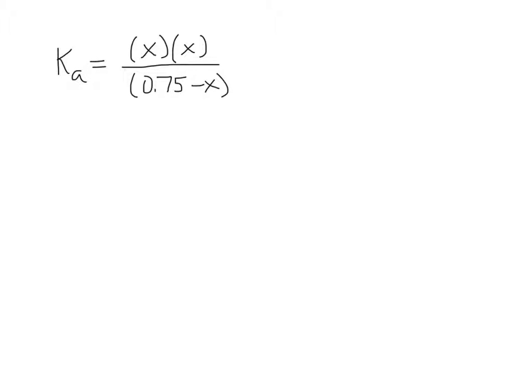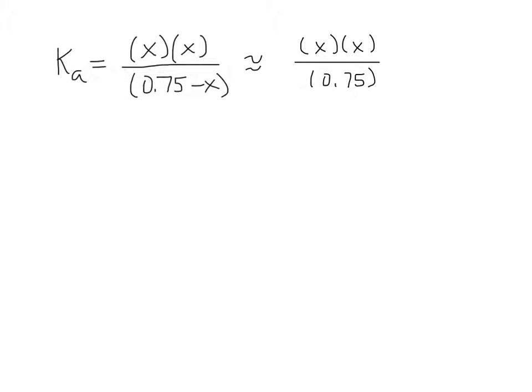Now here's something that's important. This amount X compared to 0.75 is going to be very, very small. So small that we can essentially make this statement. We can say that Ka is approximately equal to X times X over 0.75.